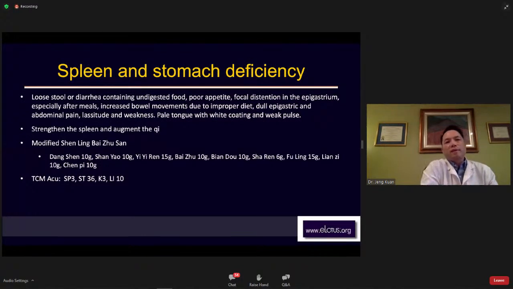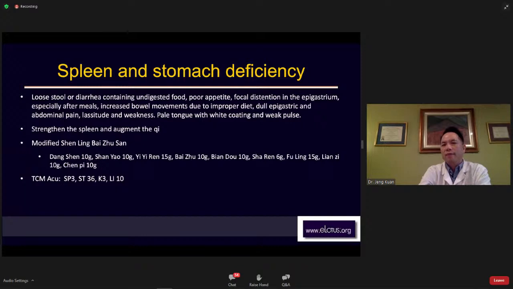Now, for a spleen and stomach deficiency pattern, this is commonly seen when the patient is complaining about loose stool or diarrhea containing undigested food, poor appetite, focal distension in the epigastrium, especially after meals, increased bowel movements due to improper diet, dull epigastric and abdominal pain, and lassitude and weakness.